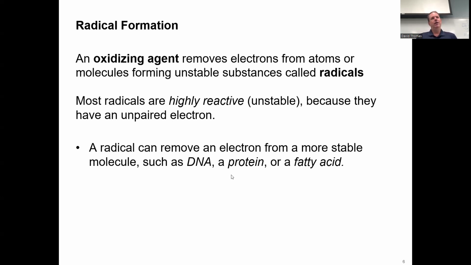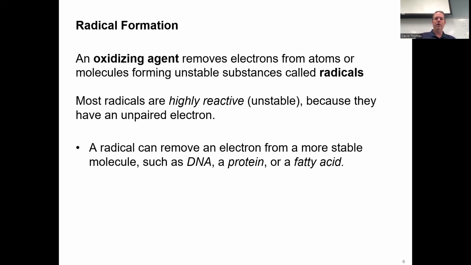If that's the case, there's a possibility it could stimulate some type of mutation. Of course, your DNA does have some DNA repair mechanisms in place, but that doesn't always work. And so you may end up with some type of mutation that gets passed on to the next cell, and that could lead to some type of cell cycle problem, potentially even some type of tumor or cancerous, uncontrollable cell division.